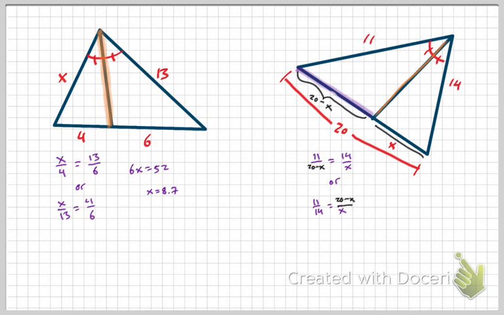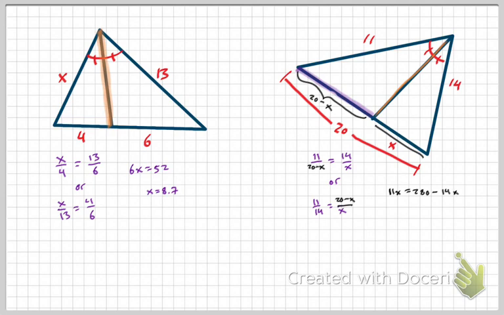Whichever method you chose, whether it was making ratios sticking on one side of the angle bisector, or a ratio crossing the angle bisector, it's up to you. Either way is going to get you the right answer. When we cross multiply, I get 11x equals 14 times 20, which is 280, minus 14x.